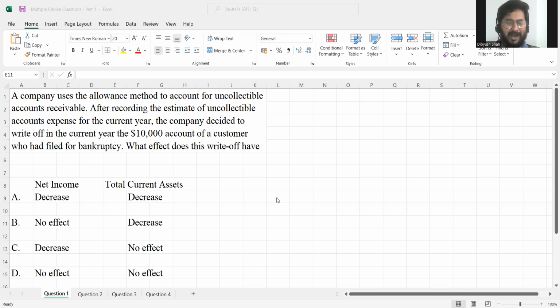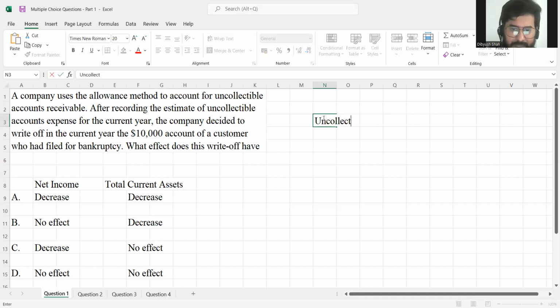First of all, a company uses the allowance method to account for uncollectible bad debts. After recording the estimate of uncollectible accounts expense, what does uncollectible accounts expense mean? It means bad debt expense.